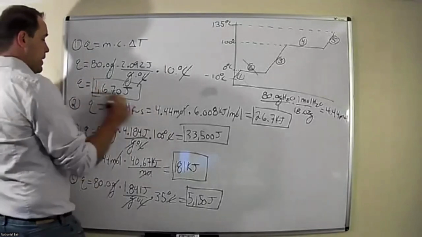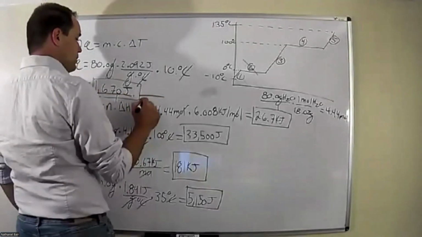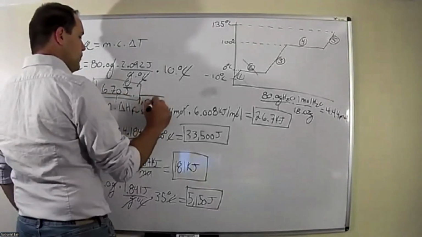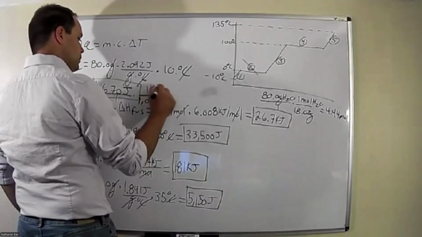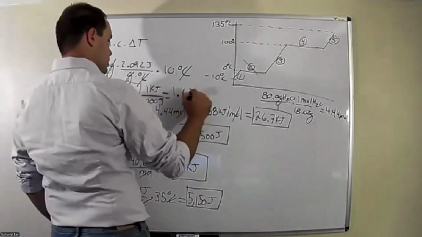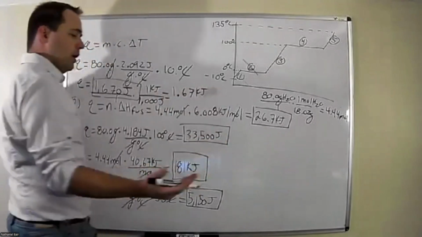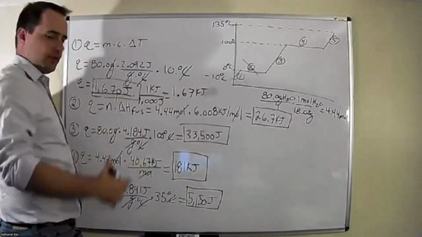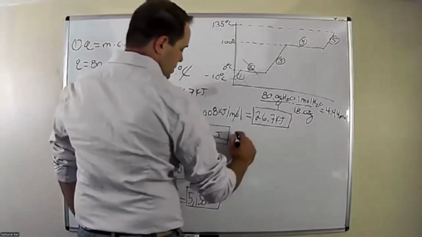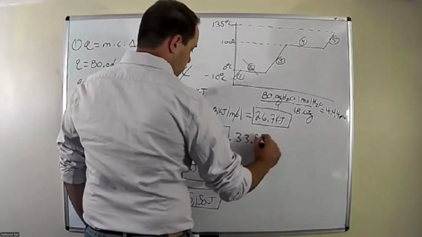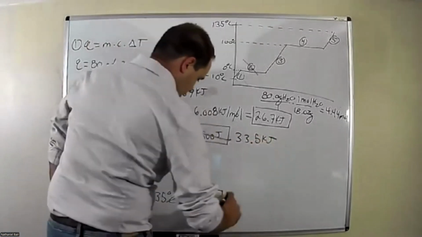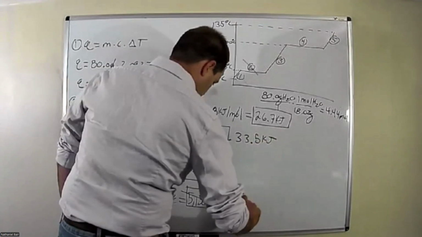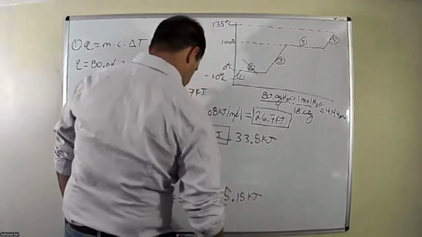If you want to write it out, there's 1,000 joules in a kilojoule. So that's 33.5 kilojoules, and that's 5.15 kilojoules.